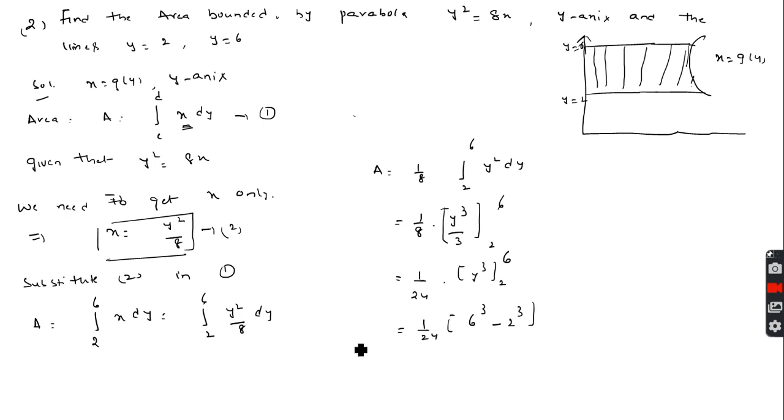If we simplify, we get 208 by 24, which is nothing but 26 by 3. So what is the area? The area is equal to 26 by 3 square units. So we are writing the units.